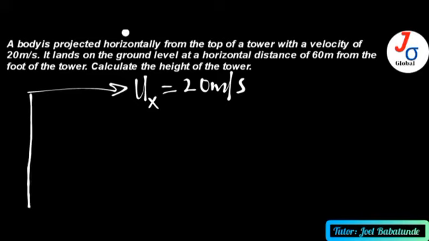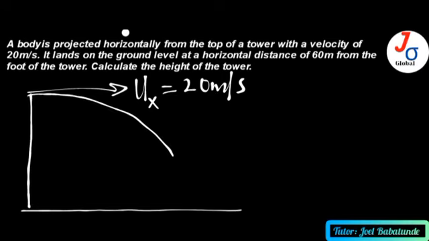Then you have the ground level. So then the ball goes this way. So this is the trajectory of the ball or of the body. Then they say it hits the ground at a horizontal distance of 60 meters. Okay, good. From the foot of the tower, calculate the height. So I have to calculate the height.